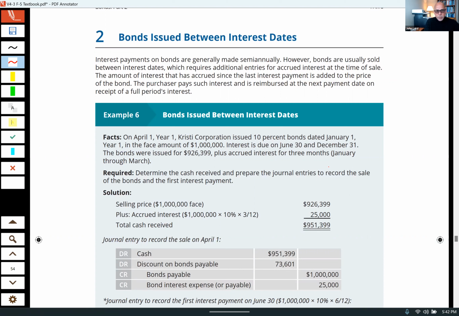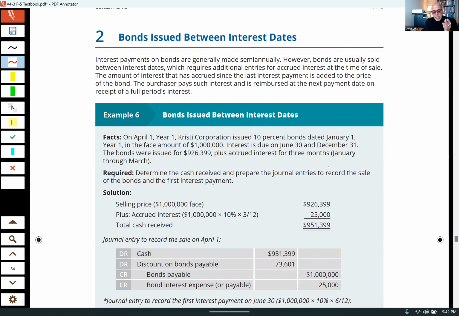Some people might come in a little bit later after the date the bonds are issued to purchase the bond, say, in this example, April 1st, a little bit after the January 1st date that the bonds are dated. That means January, February, March went by, and the bonds sat on the shelf before anybody bought them.